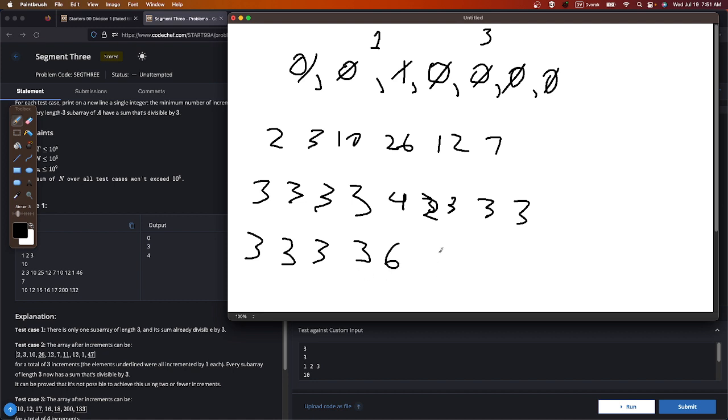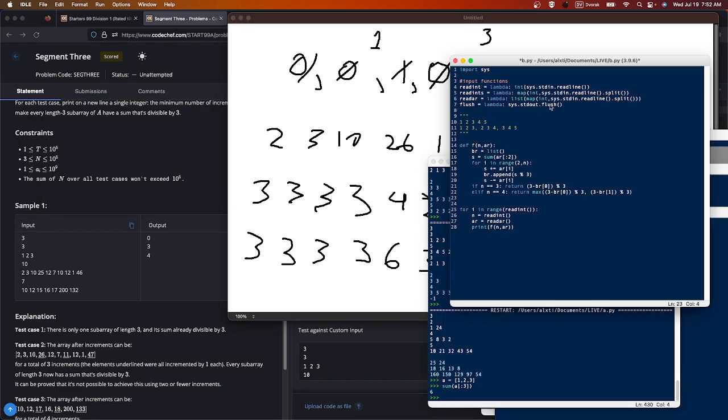Then there's a 2. 9, 2, so then this becomes a 3. 3, 3, 3. So in total 3 fixes were required. Somehow this seems legit. Yeah, I think I'm probably overthinking something here, am I?